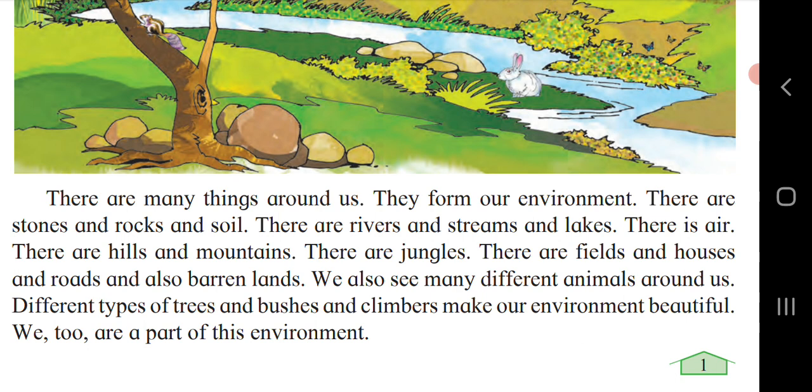As according to our need, we are converting this environment, or we are turning the places or land into buildings. So as according to our need, we are making changes in this environment.